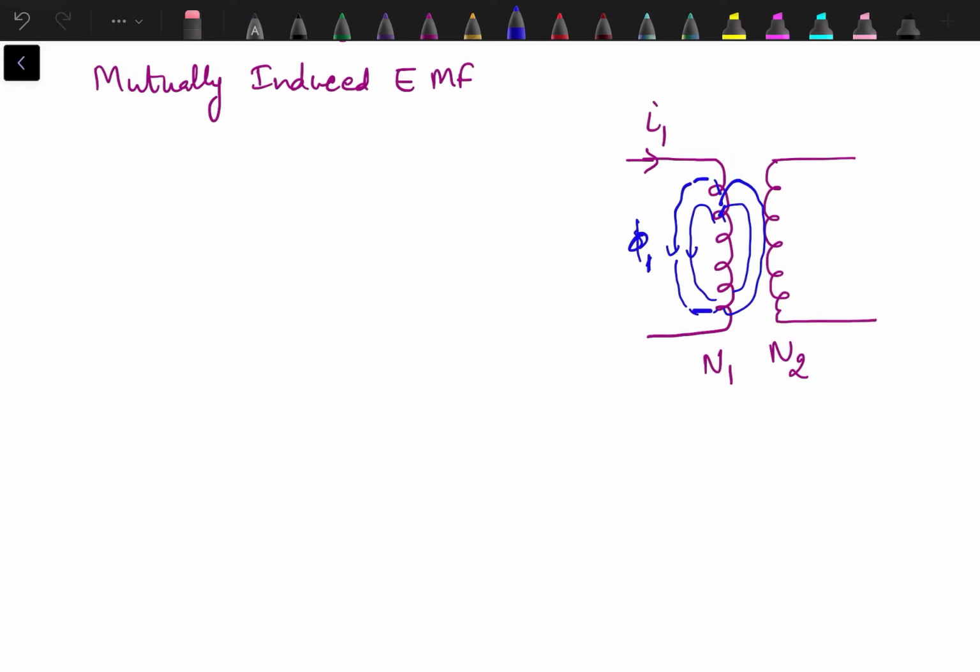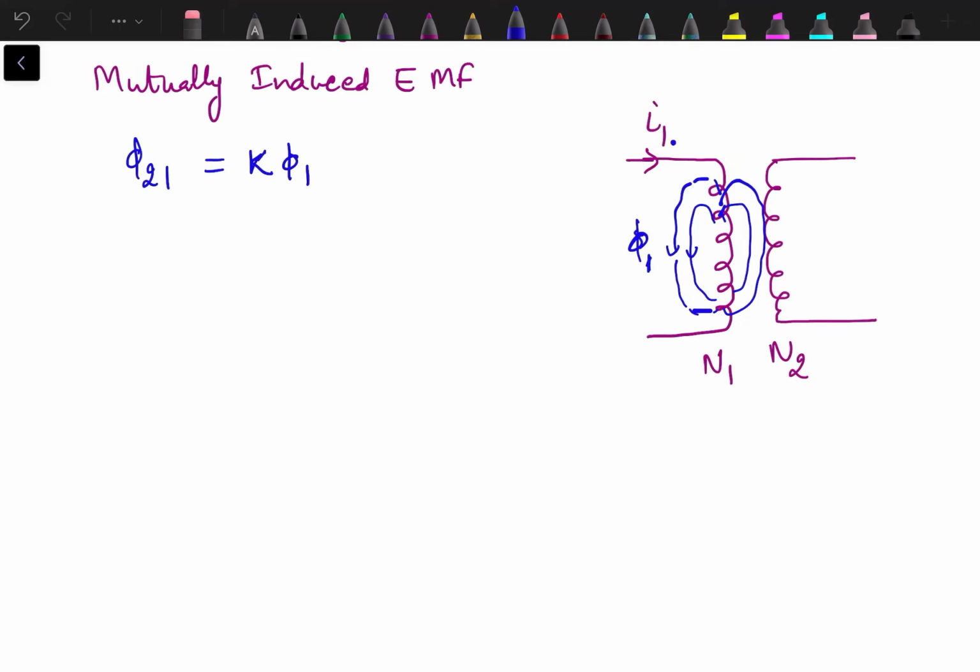So, let's denote the flux linking with the second coil because of flow of current I1 as phi 21. So it is given as k into phi 1, where k is the fraction by which the flux links with the second coil because of flow of current in the first coil.